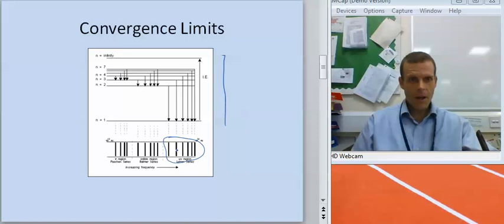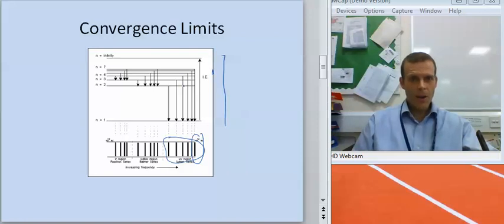You can see that the lines for the transitions get closer and closer together as these energy differences get smaller and smaller. Eventually there comes a point where there's no difference between these energy levels, and that's going to cause these lines to converge. At that point the electron has been lost, it's been ionized.